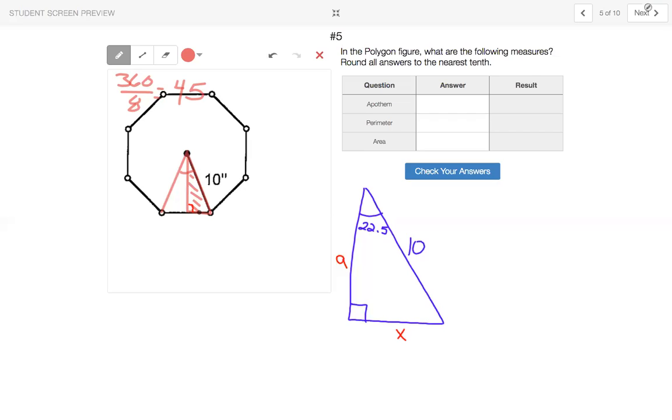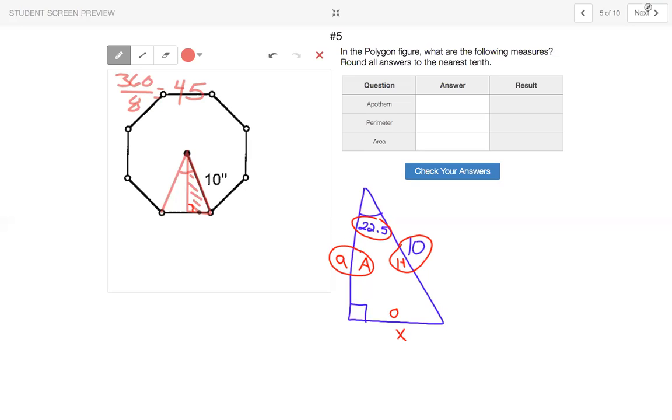So we need to find the apothem and the perimeter. Let's find the apothem first. There's our angle, opposite, hypotenuse, adjacent. If we're solving for the apothem, we need to use the adjacent and the hypotenuse. We have to use the hypotenuse because that's the only side that's given a value.